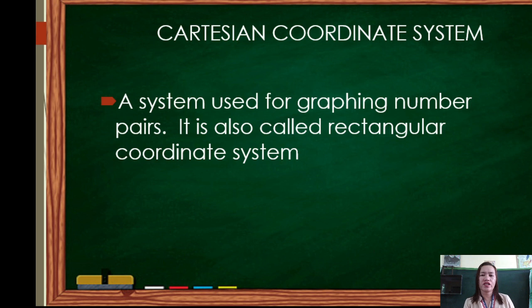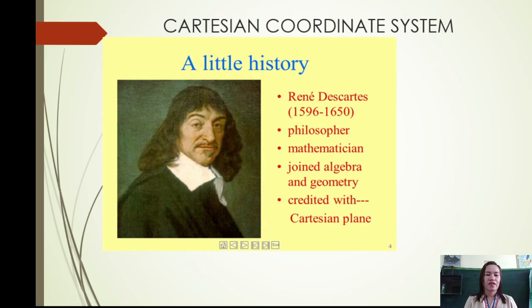So what is a Cartesian coordinate system? A Cartesian coordinate system is a system used for graphing number pairs. It's also called the rectangular coordinate system, or the Cartesian plane. Let's go back to the history of the Cartesian coordinate system.